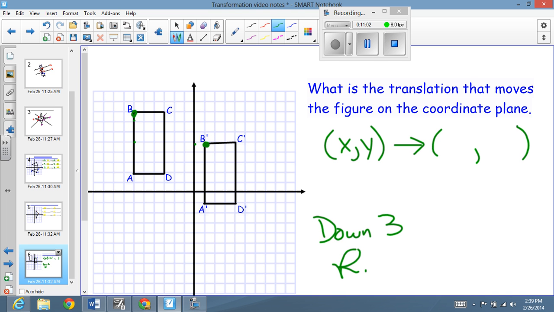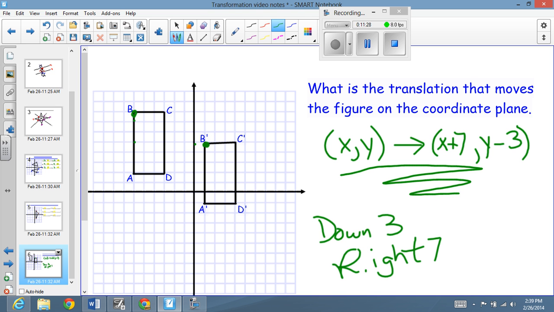Right 7. So what does that mean as far as our x's and our y's? Well, my x values are my left and right. So if I'm going to the right 7, all of my new x's are x plus 7. My y values are my up and down. So my y values, I'm subtracting 3 from each of those. That would be a description of a translation to take this from one to the next.